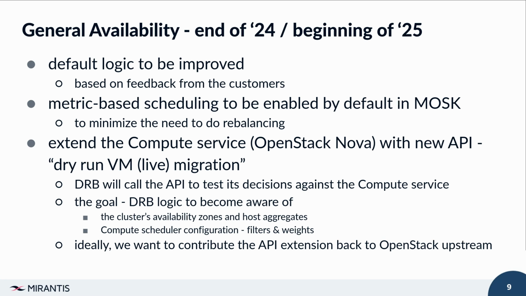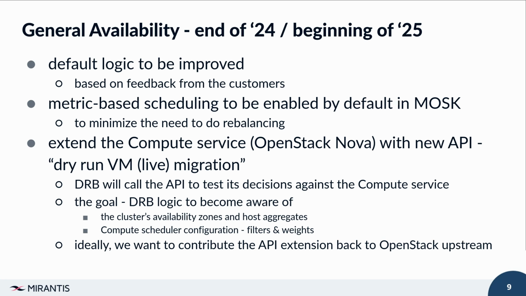We are working on an extension to the OpenStack Nova API that would help the DRB service to test its decisions against the configuration of OpenStack Nova. Basically, DRB will be making certain assumptions and will be calling the API to say, okay, if I want to do this migration, will it work or not? Or would you suggest another place for this VM? That kind of communication will be happening between DRB and the compute service.